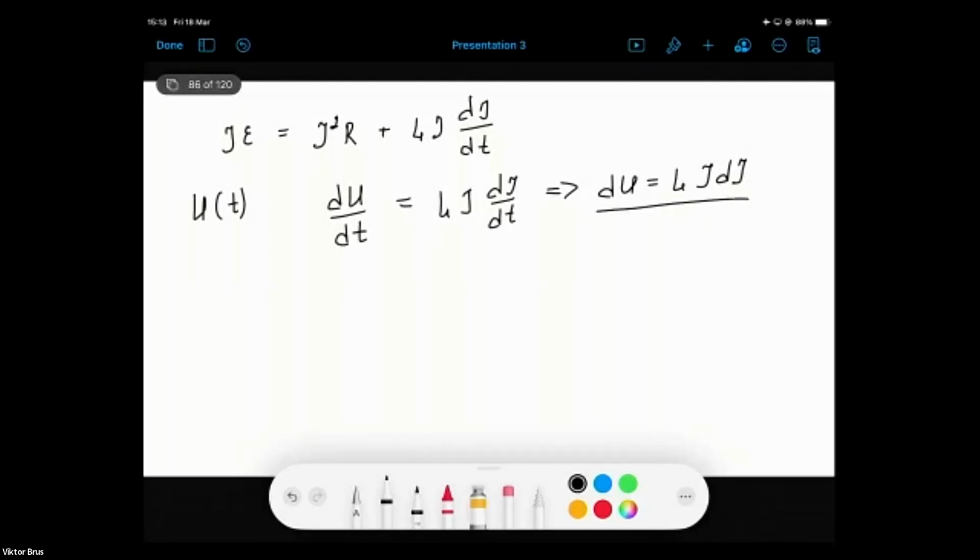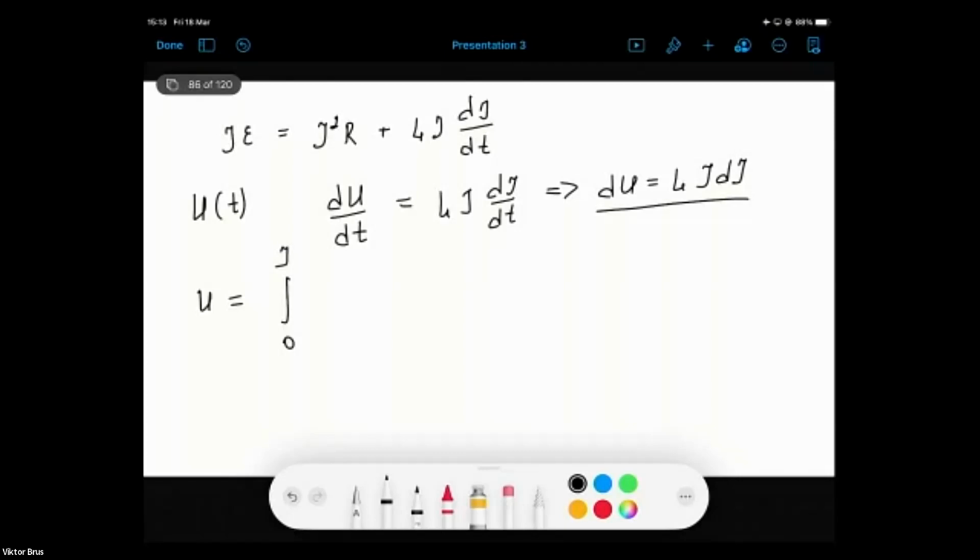So U, total energy accumulated in inductor, will be integral from 0 to I. It's that current at which we want to know the accumulated energy inside the inductor.